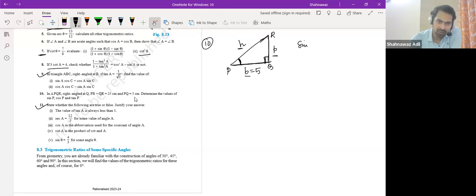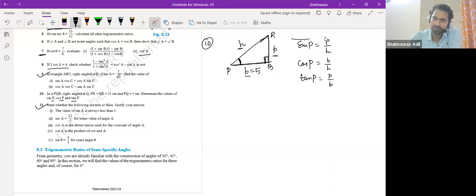Let us first write out sin P, cos P, and tan P. Sin P would be perpendicular by hypotenuse, cos P would be base by hypotenuse, and tan P would be perpendicular by base, right? Which means we have to find out P and H.